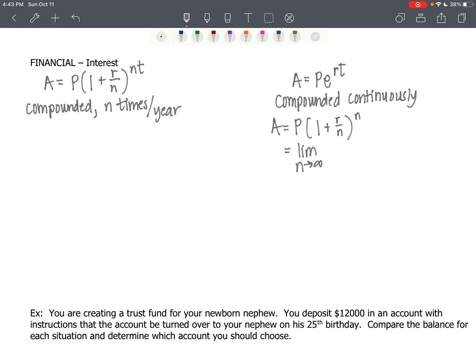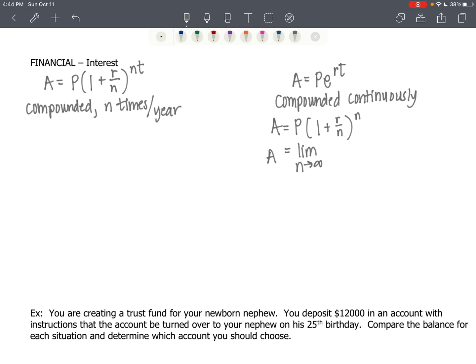Continuously means that the number of times it's compounded would almost be an infinite number of times. So not just 12 times, which would be monthly, not just daily, which would be 365, but constantly, continuously. So your N would be an infinite number of times.